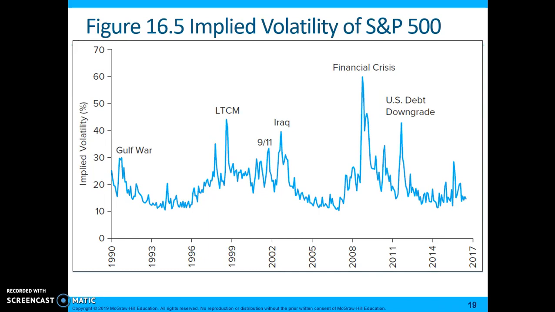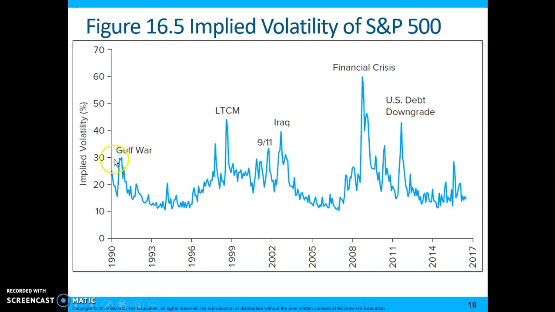Figure 16.5 tracks implied volatility of the S&P 500 from 1990 to 2017. You can see here that implied volatility is generally somewhere between 10 and 20% during normal times, but it goes up considerably when we have economic or political turmoil.